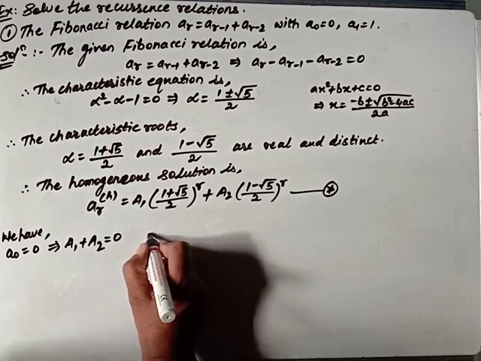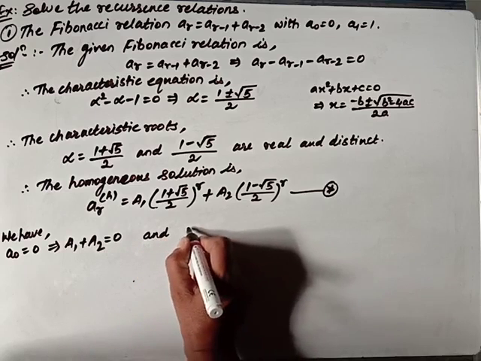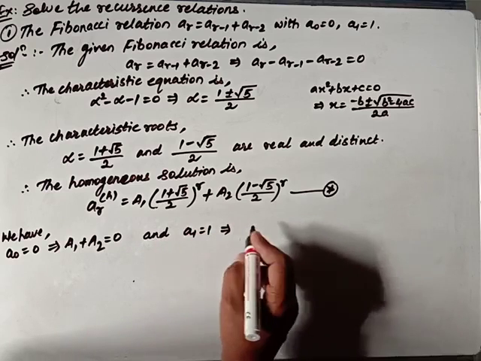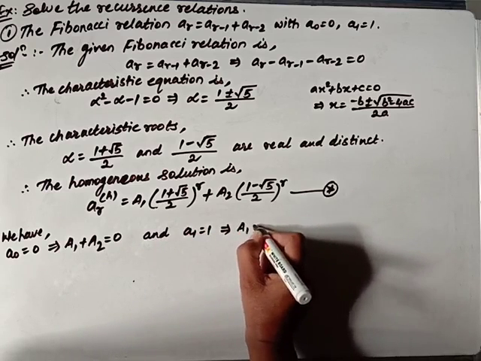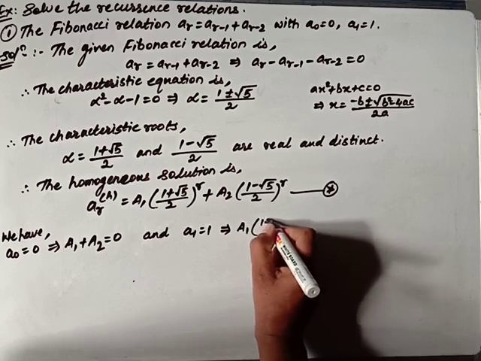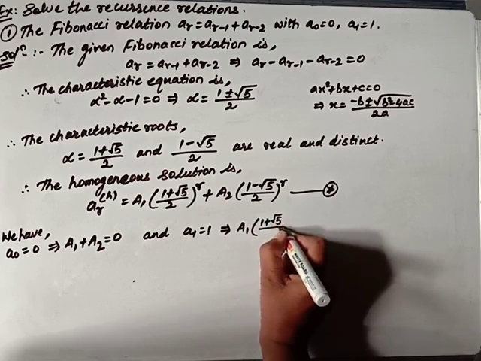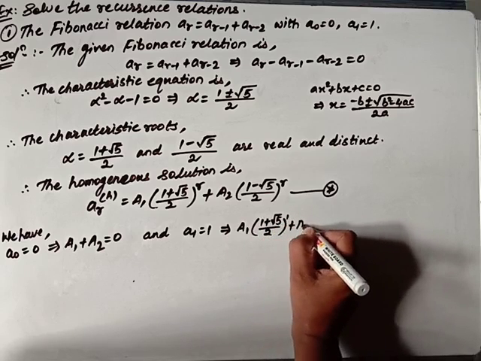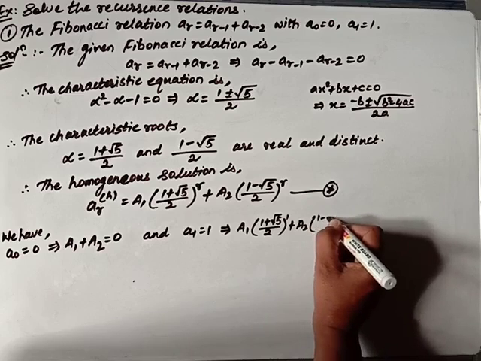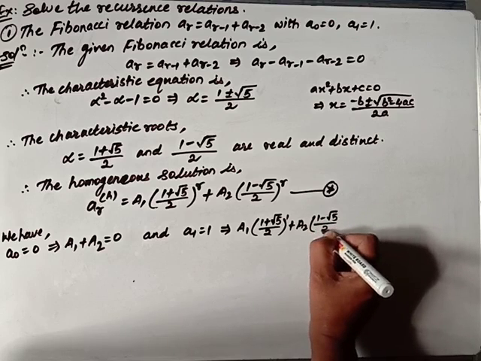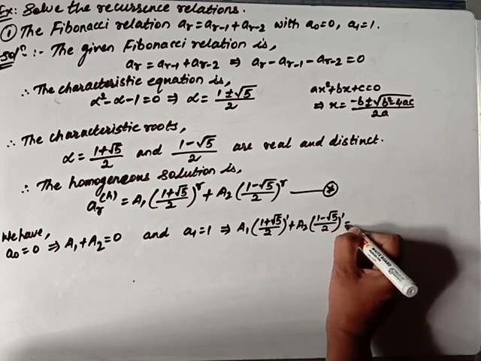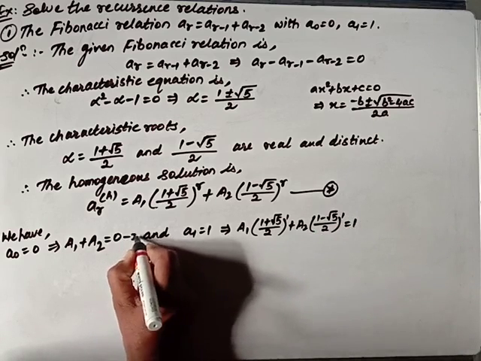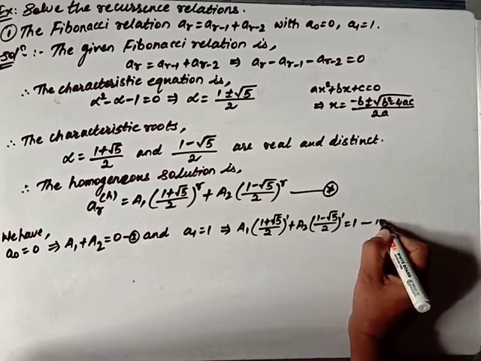Again, a_1 is equal to 1. So that gives A1 into (1 plus root 5 by 2) raised to 1 plus A2 into (1 minus root 5 by 2) raised to 1 is equal to 1. Let me name it as equation number 1 and this as equation number 2.